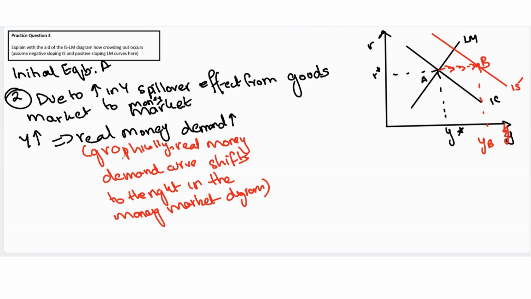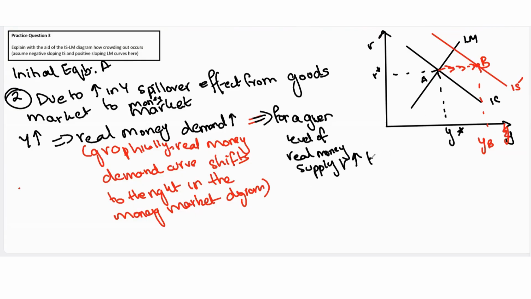So the real money demand increases, which means the real money demand curve shifts to the right in the money market diagram. Now, for a given level of real money supply, we know this causes an increase in interest rates. For a given level of real money supply, R increases to restore money market equilibrium.